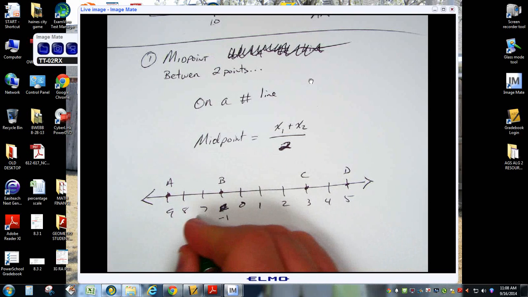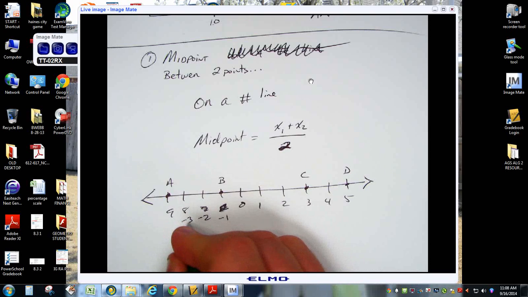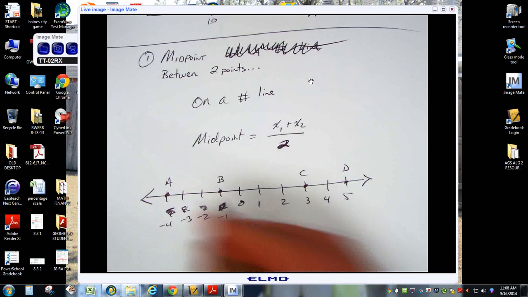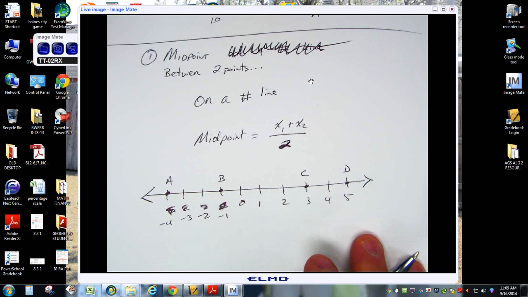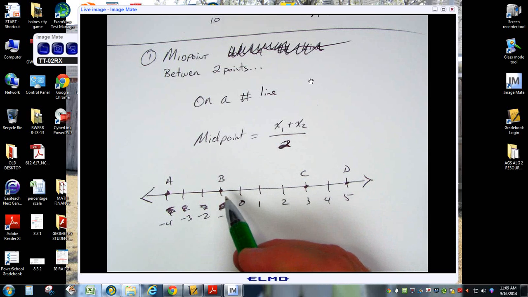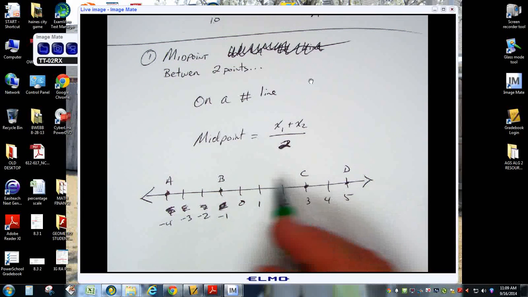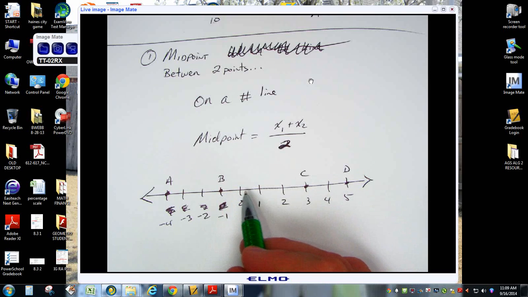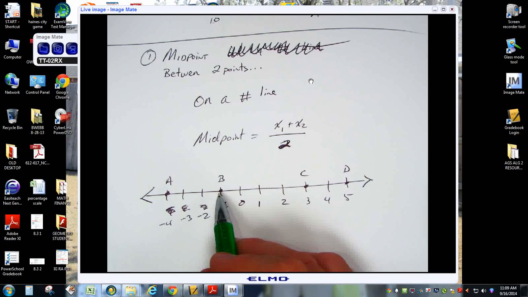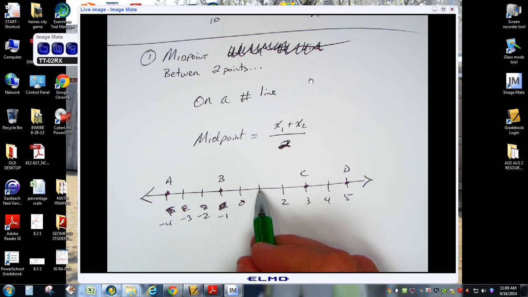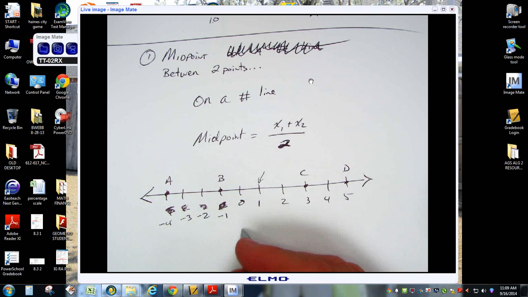That was dumb. -1, -2, -3, -4. That a little better? What if I said I wanted the midpoint between B and C? Well, you guys would probably say, okay, 1, 2, 3, 4 is the distance, right? So what's the exact midpoint? Right there, isn't it? That would be the midpoint.